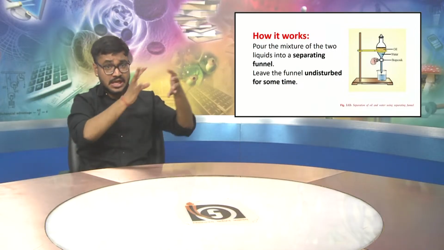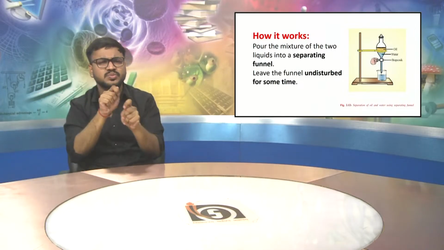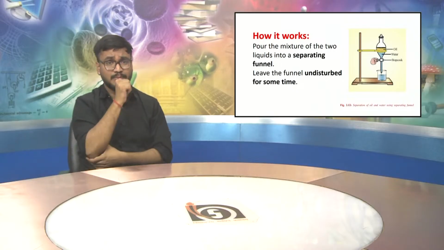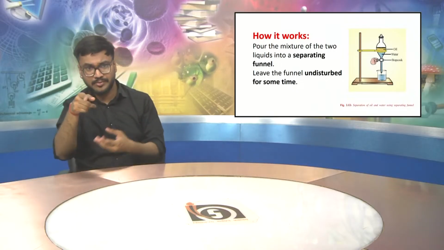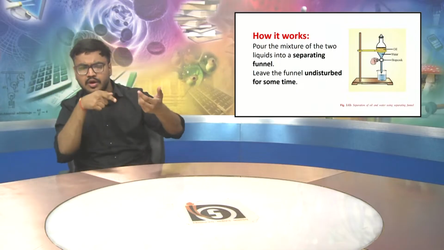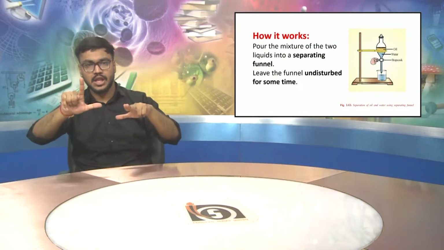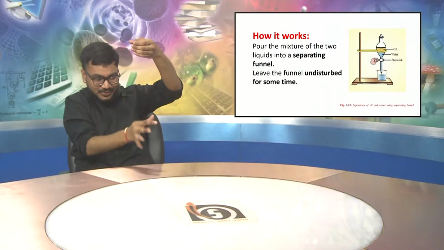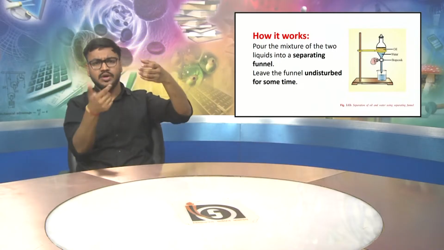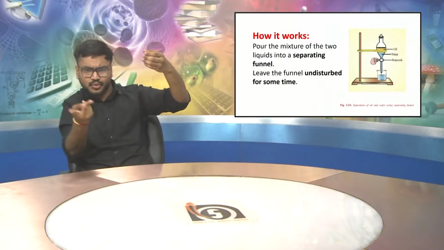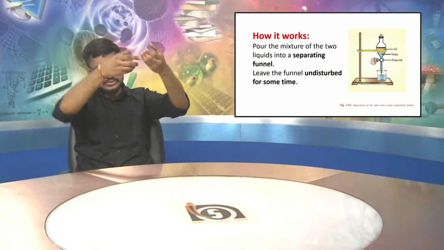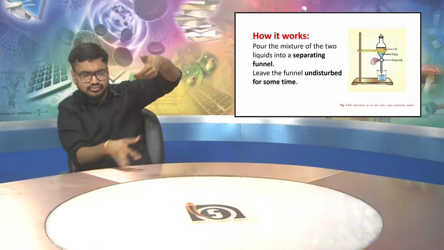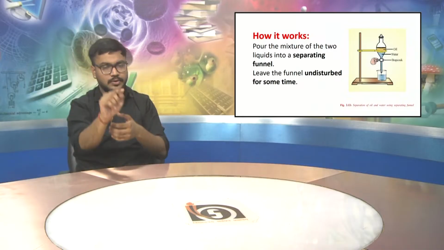Now we will look at how separation of oil and water works using a separating funnel. How does it work? First, pour the mixture of the two liquids into a separating funnel. And leave the funnel undisturbed for some time.